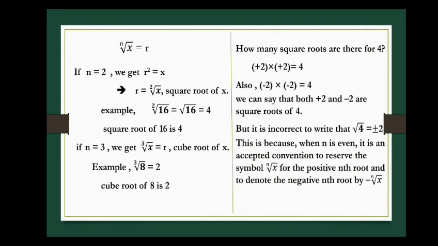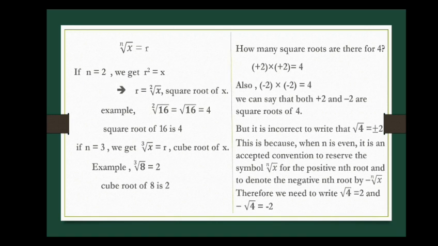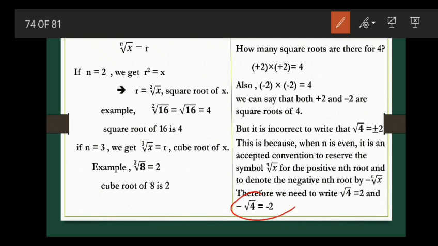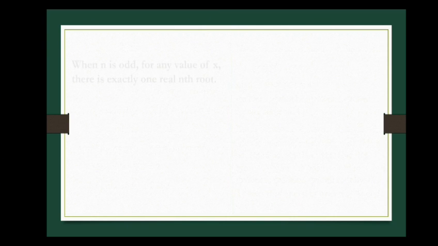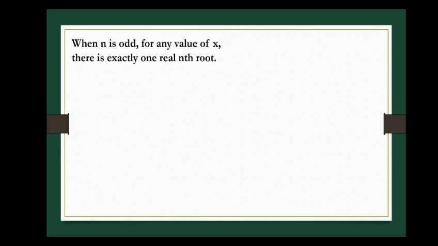Therefore, root 4, the positive square root of 4, is 2, and the negative square root of 4, that is minus of root 4, is equal to minus 2. Okay, understood?